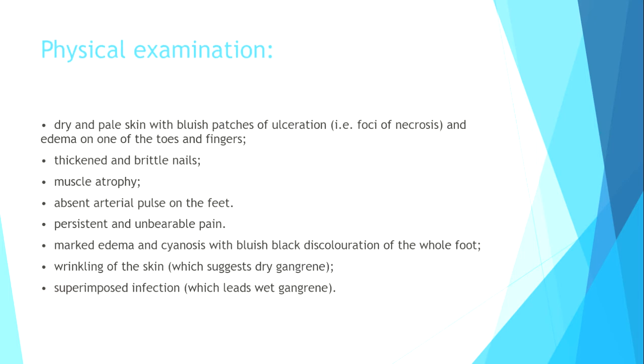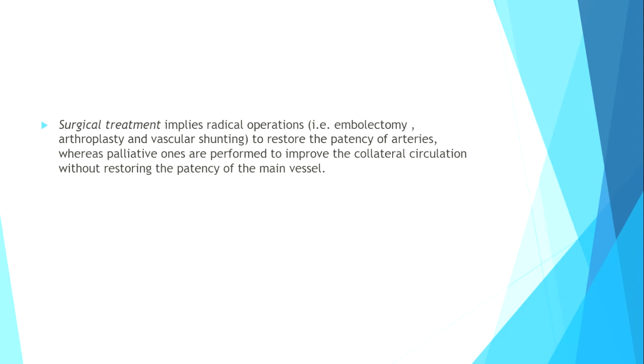Physical examination: pale skin with bluish patches of ulceration or foci of necrosis, and edema on one of the toes and fingers, thickened and brittle nails, muscle atrophy, absent arterial pulse on the feet, persistent and unbearable pain, marked edema and cyanosis, with bluish-black discoloration of the whole foot, wrinkling of the skin, which suggests dry gangrene, superimposed infection, which leads to wet gangrene.